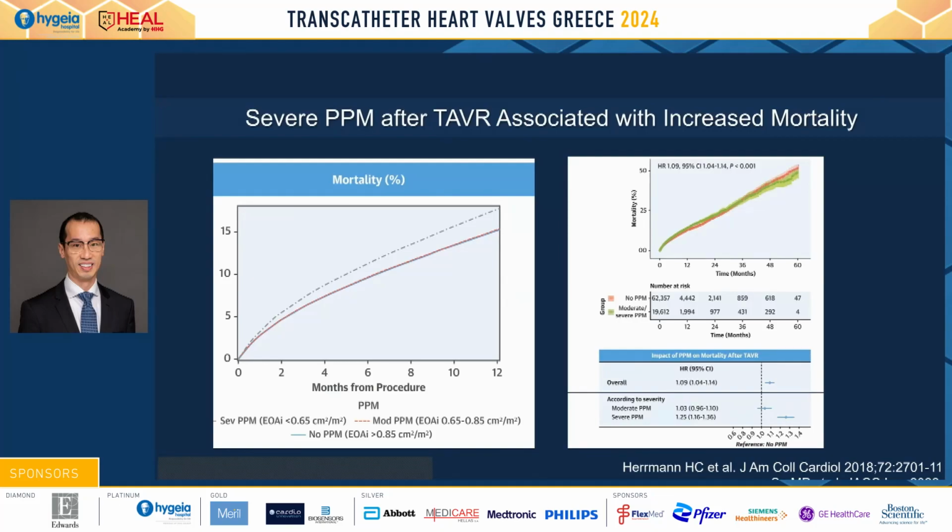Severe PPM after TAVR we now know is associated with increased mortality. And you can see the seminal paper from the left by Howard Herrmann and the Longevity Registry showing 1 year increased mortality, to a meta-analysis in JACC Imaging showing the same pattern across several studies.